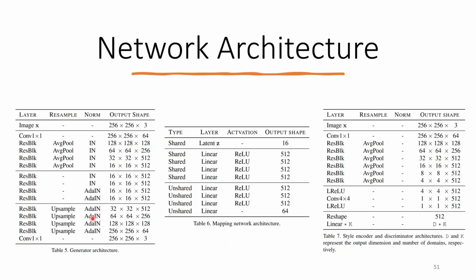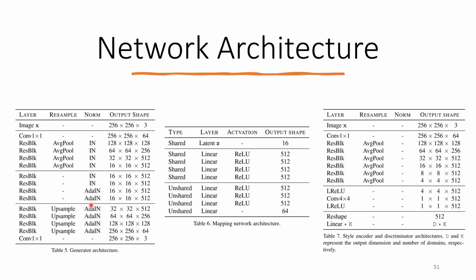We talked about instance normalization in our previous course. In instance normalization, we learn two parameters, the scale parameter and the bias parameter. Adaptive instance normalization means we can change these values. The scale vector and the bias vector are learnable.